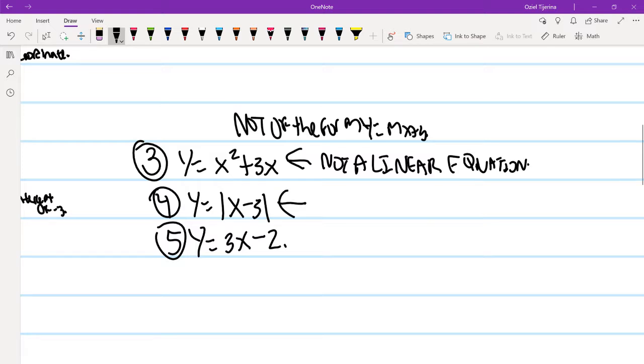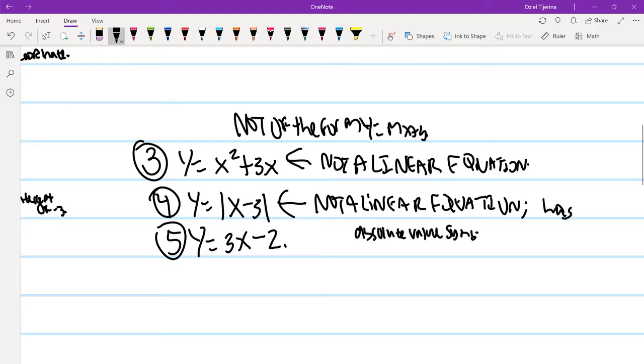This one is not a linear equation because it has absolute value symbols, and linear equations usually do not have absolute value symbols.